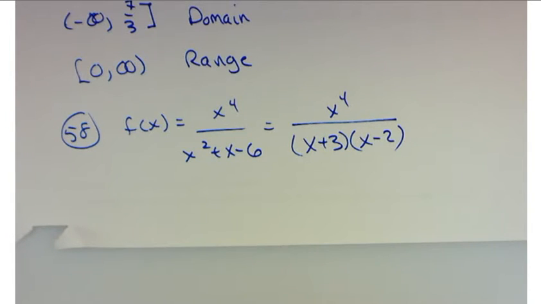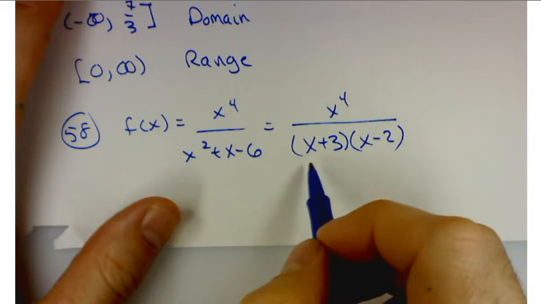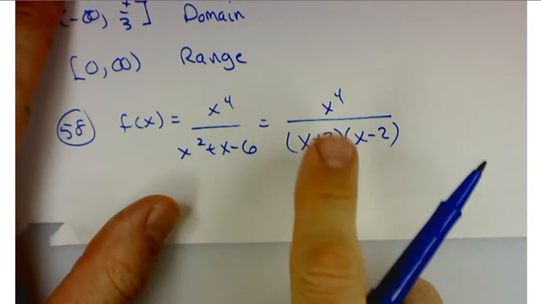So what values would I have to throw out of my domain? I mean, domain is everything from negative infinity to infinity except what? Andrew, what points do I have to throw out? Negative 3 and positive 2. Good. I want to make sure that the denominator is not 0.